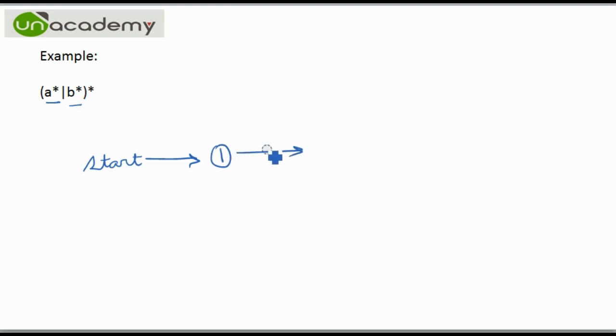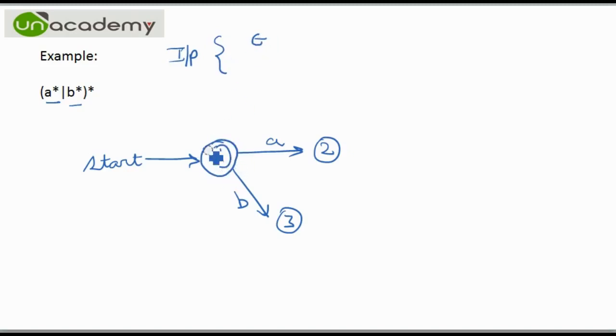We have two possible inputs, A and B, and we reach state 2 and 3 respectively. Now, what are the possible inputs? We definitely have an empty string, so upon empty string input, 1 will become an accepting state.